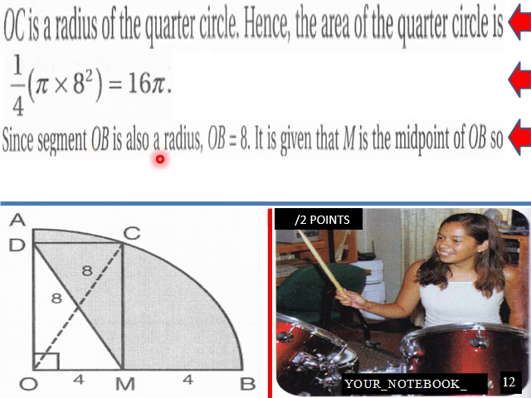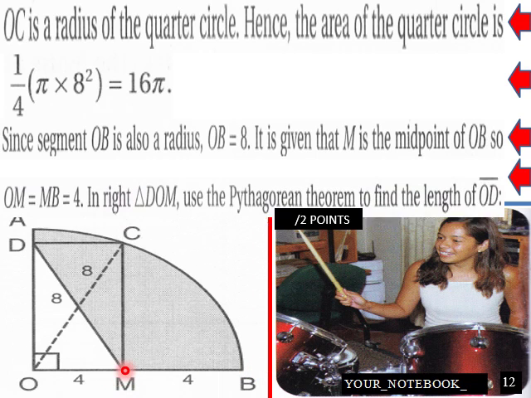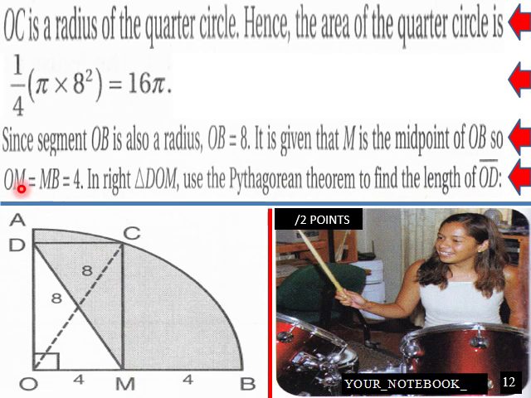Since segment OB is also a radius, OB equals 8, and it is given that M is the midpoint of OB. So OM equals MB. In right triangle DOM, use the Pythagorean theorem to find the length of OD.